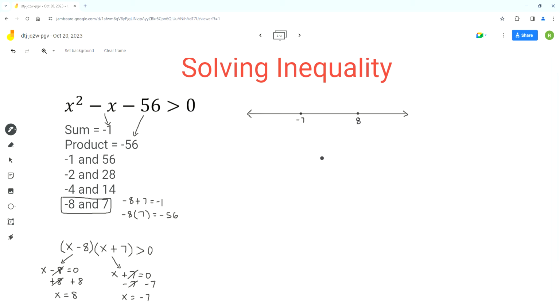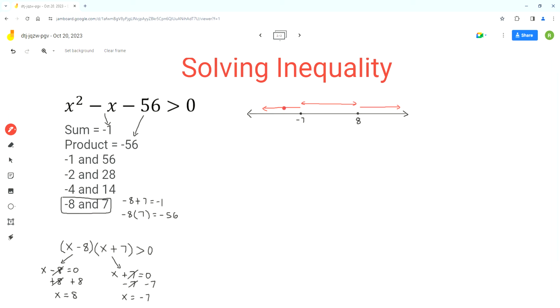So these two zeros divide the number line into three parts. There's a part to the left of -7, then there's a part between -7 and 8, and then there is a part to the right side of 8. So we'll have to use a test value from each of these parts to solve the inequality.